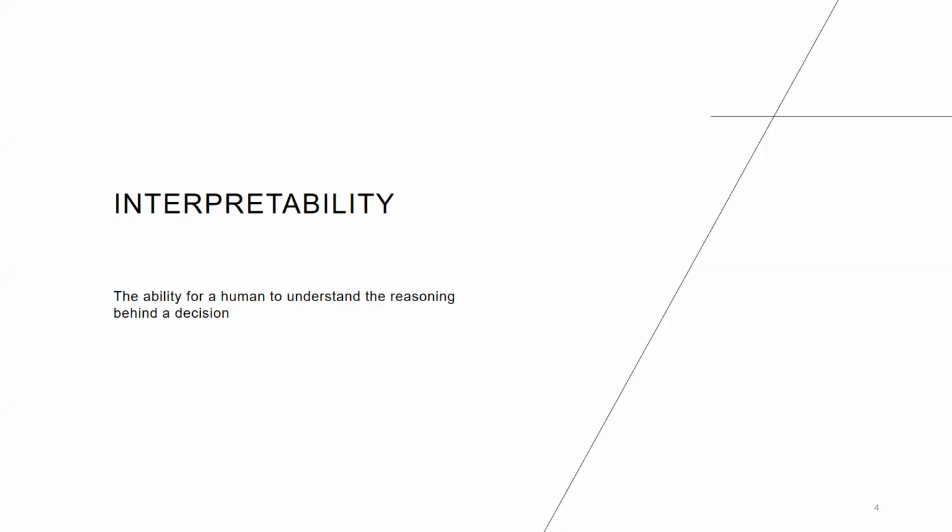All right, so first off, interpretability. The definition of interpretability is the ability for a human to understand the reasoning behind a decision. We haven't really mentioned this before, but in modern day AI, we have such complex models. Think ChatGPT, right? It is this huge connection between these different word pairs, and really no one fully understands exactly why it spits out one answer over another.